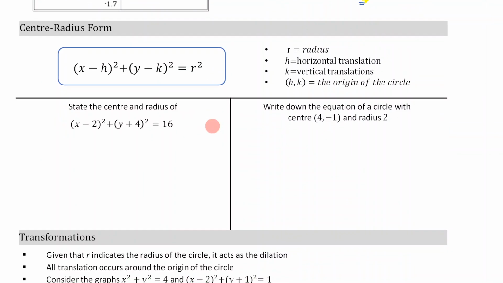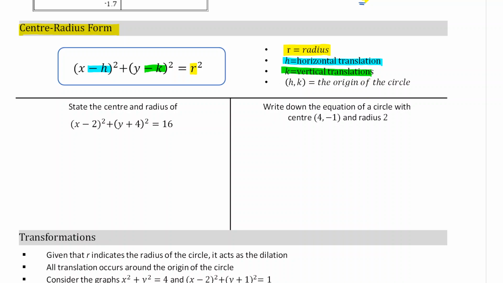Let's now move on and talk about the center radius form of a circle. Here it is right here. The r value tells us about the radius. The h value tells us about the horizontal translation. The k value tells us about the vertical translation.